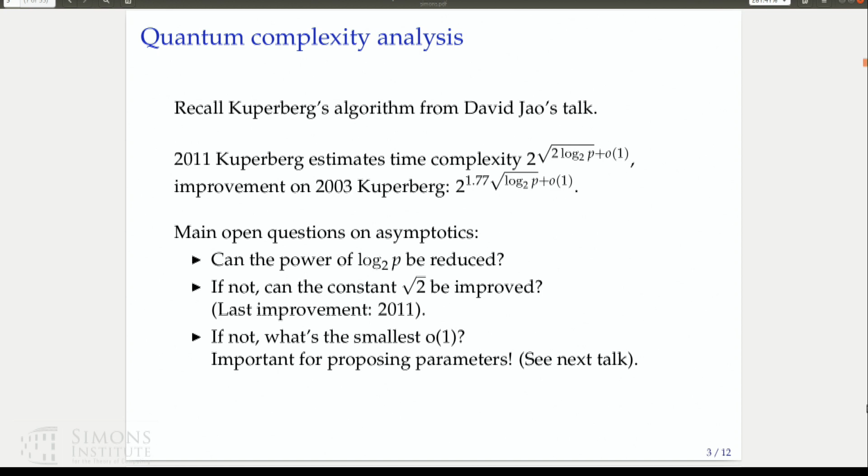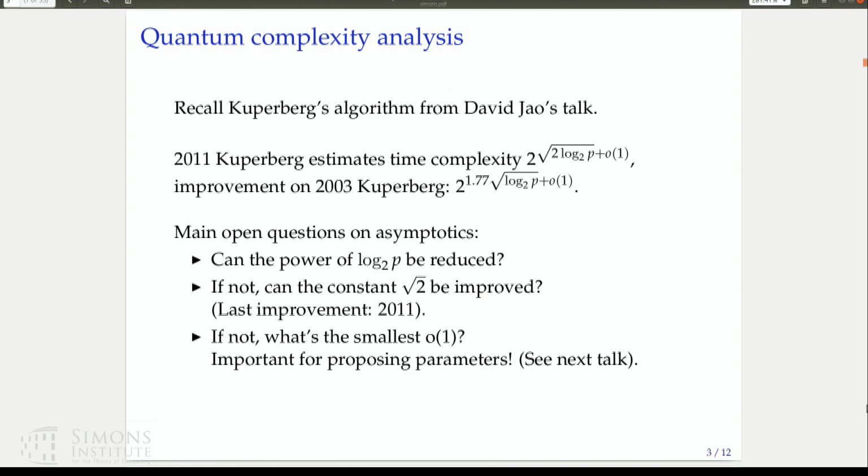So this is actually an extremely important question when you're looking at specific parameters. And there's been quite a lot of work on that in the last 2 years, which is quite exciting. And Chris is going to talk about all the latest advances there and the work that he's done to figure out what this number should be for the NIST parameters. So these are the open questions on asymptotics, and please go ahead and solve them.